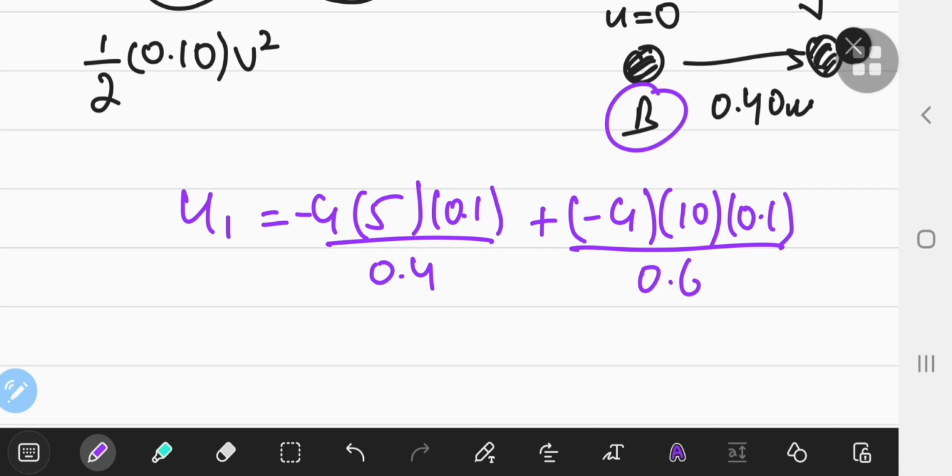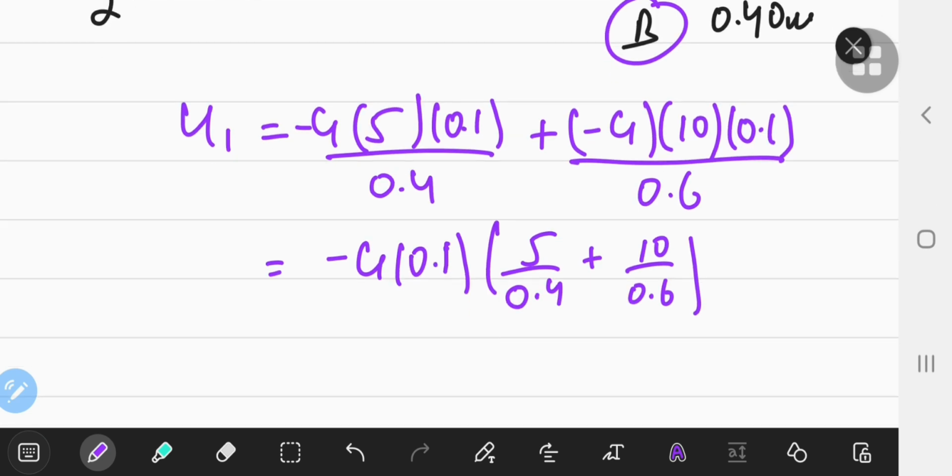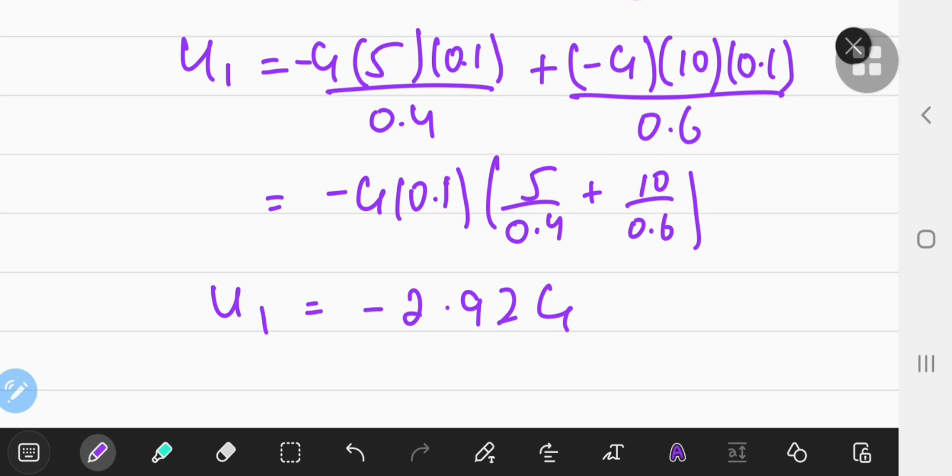So I can actually factor out this negative g times 0.1, and I'm left with 5 by 0.4 plus 10 by 0.6, which according to my calculator is negative 2.92 g, and I'm going to deal with the value of g later.